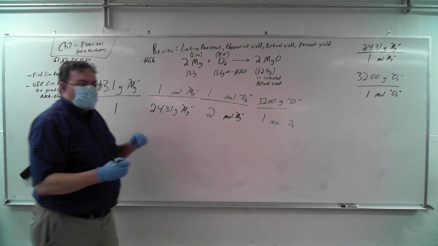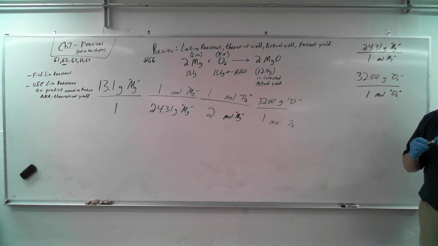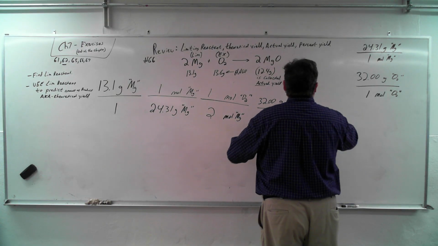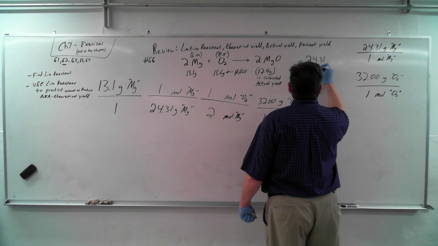Which is the same thing as saying to find the theoretical yield. We're also going to need the grams per mole of MgO, which is going to be 24.31 plus 16.